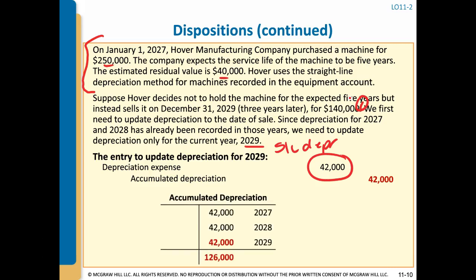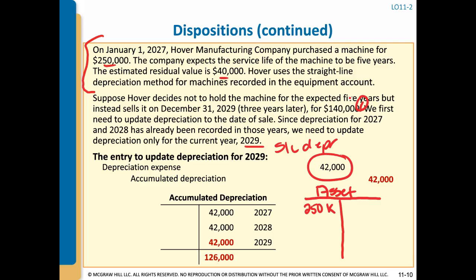Let's look at our accumulated depreciation T account. This is just an asset or a machine. When we first acquired the asset in 2027, it had a cost of 250,000, so we would have debited the asset $250,000 and credited cash.